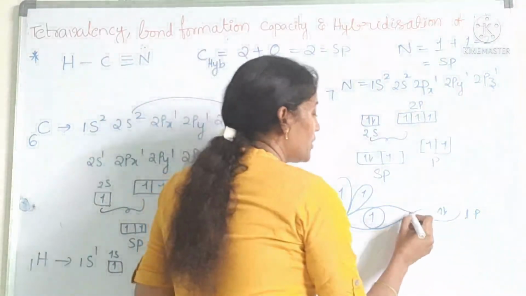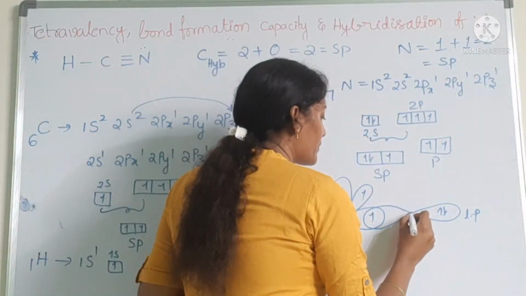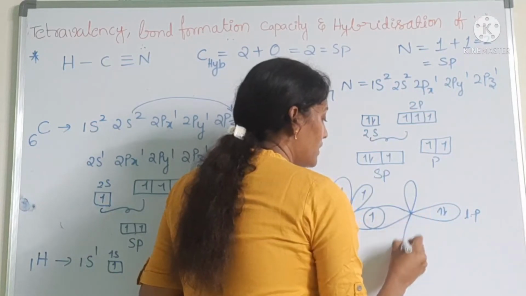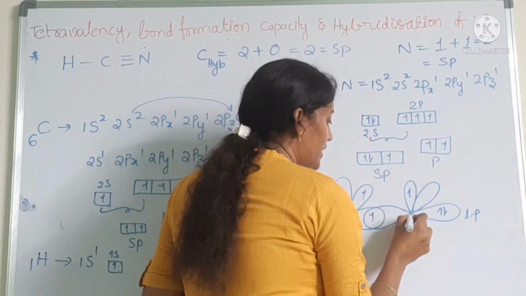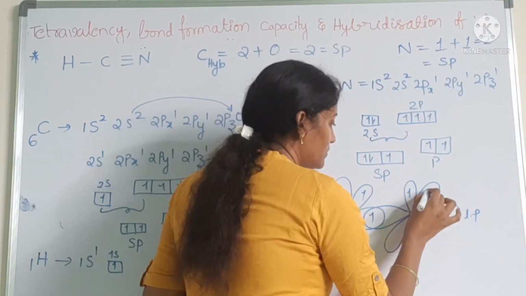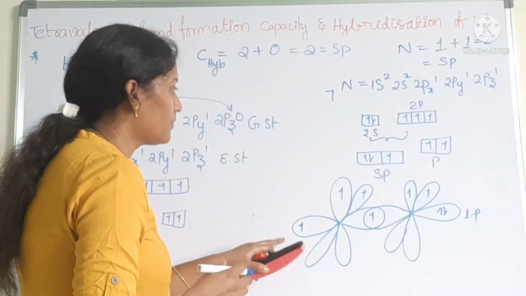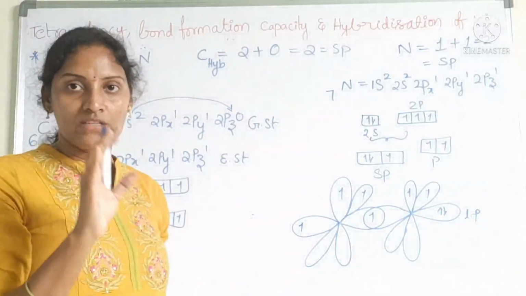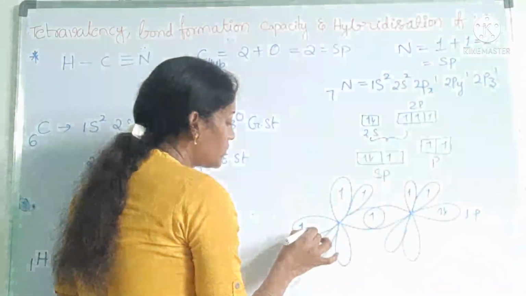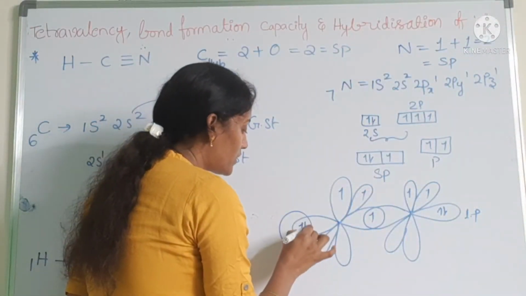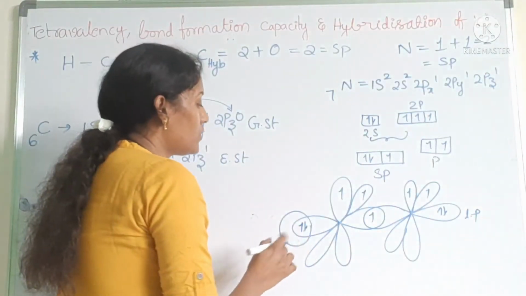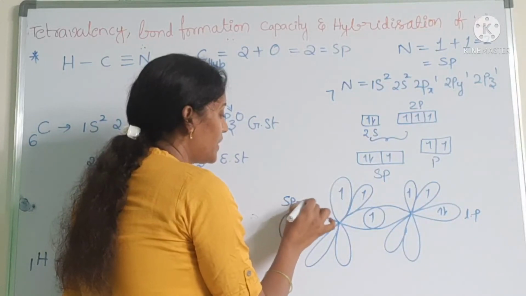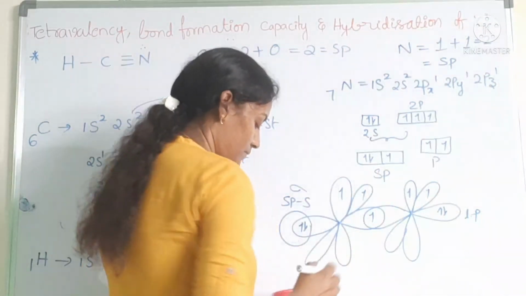Okay, coming to this, this is the unhybridized orbital from nitrogen. This is another unhybridized p from nitrogen. See here, one hydrogen is present in the HCN molecule. So that hydrogen is going to be involved in bond formation with this carbon, not with nitrogen. So this is the sp-s sigma bond.